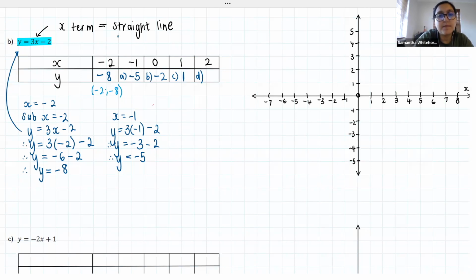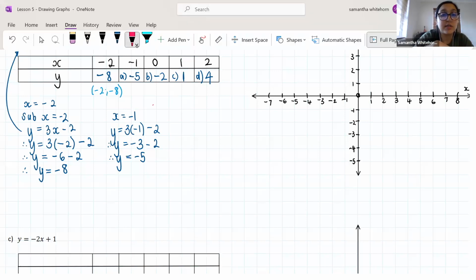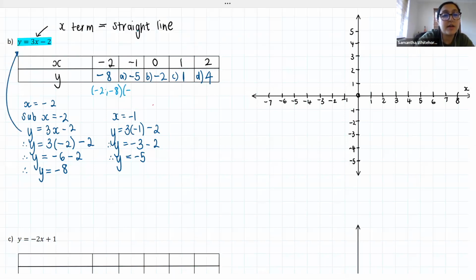And D, 2 times 3 is 6, minus 2 is 4. So we get all of our output values just through substitution. That's really important to remember. We now have all of our coordinate pairs that we can go and plot onto my Cartesian plane.